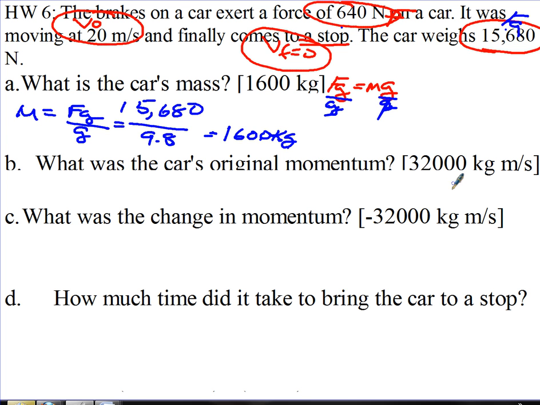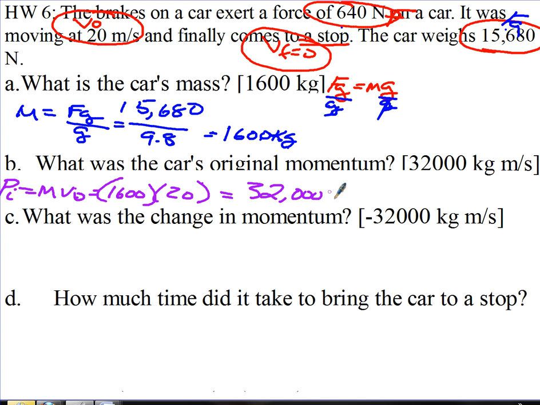What's the car's original momentum? All right, the original momentum, P equals mv. So I'm going to call this Pi for initial. It's m v i, or v naught. Let's see, the mass is 1,600 kilograms. The initial velocity is 20 meters per second. So I have an initial momentum of 32,000 kilograms meters per second. Now what's the change in momentum?